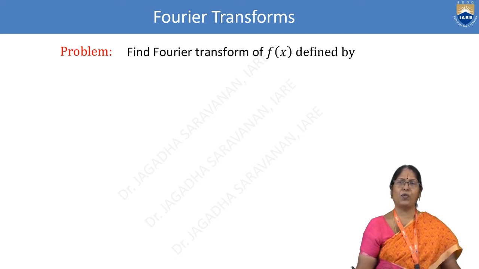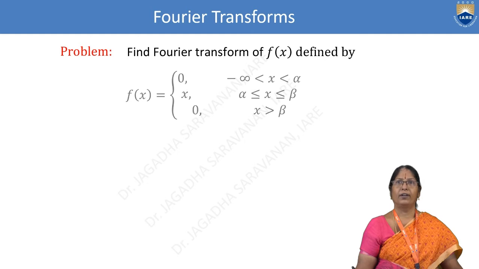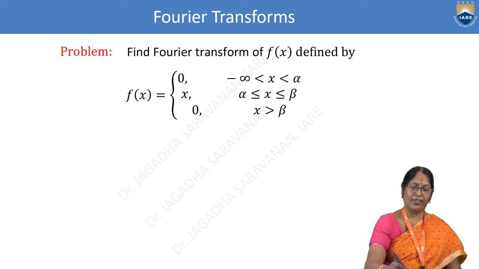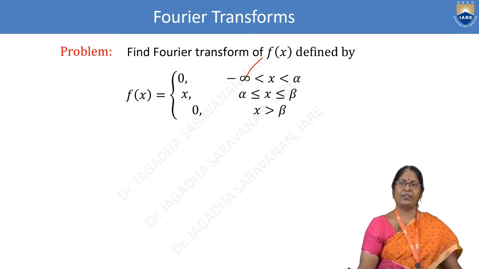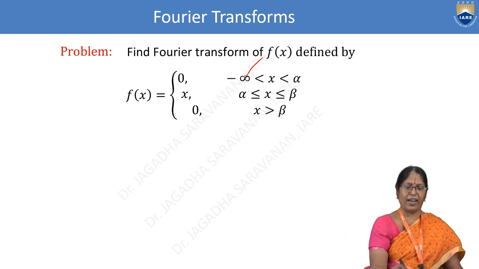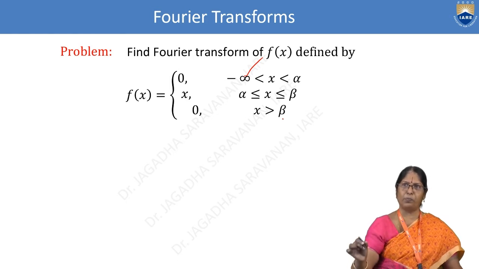Find the Fourier transform of f of x defined by, now 3 conditions are there. We are very familiar now with the Fourier transform as we completed 2 problems. Minus infinity to infinity. Here x is greater than beta, that is from beta to infinity.